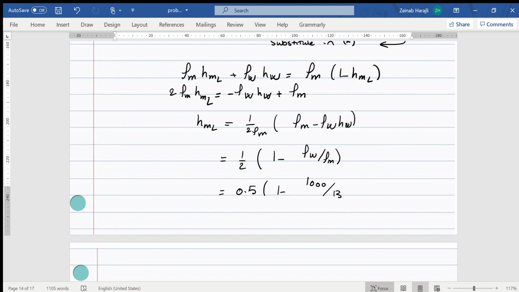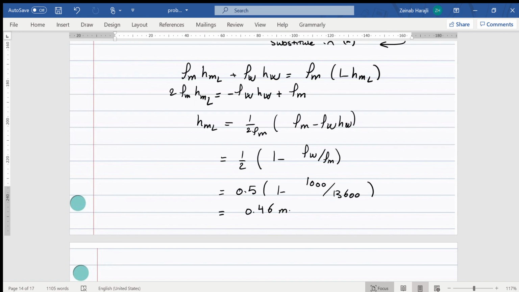Let me just check. Yes. And the final answer here would be 0.46 meters. So this is the height of mercury on the left.